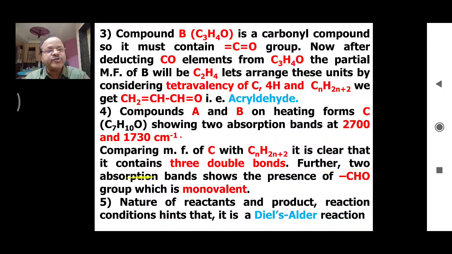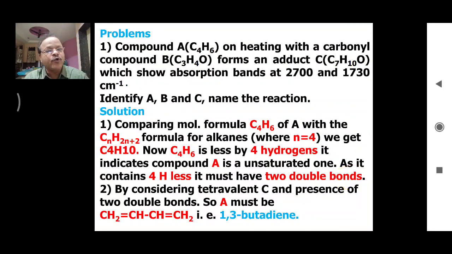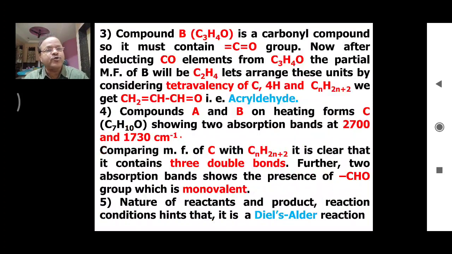Further, the absorption bands show the presence of aldehyde group, that is CHO group, that we have already discussed. And this CHO group is a monovalent group. Now, the nature of reactants and product and reaction conditions hint that it is a Diels-Alder reaction.